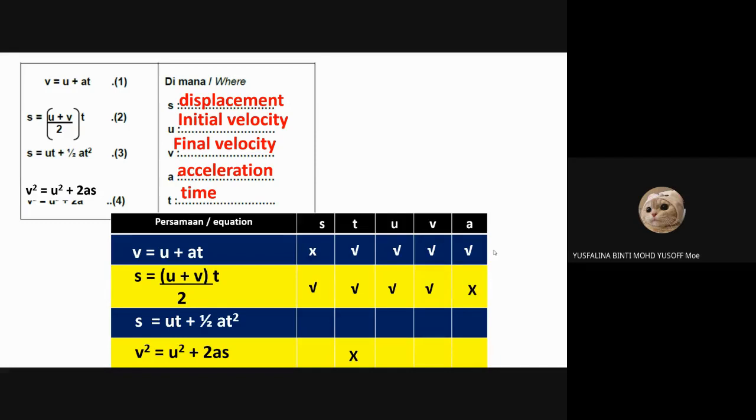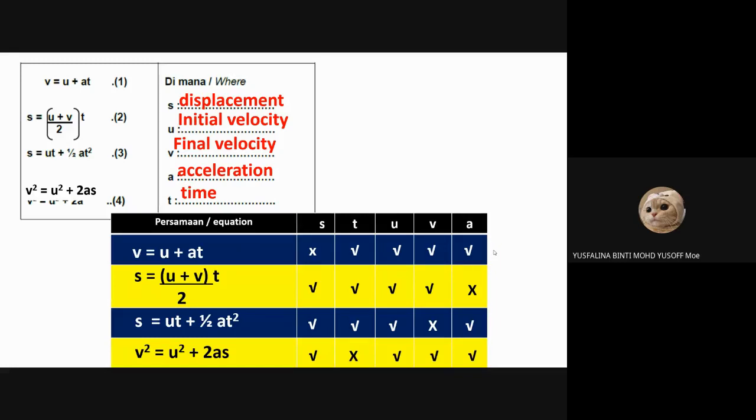For the next part, if you have S, U, T and A, you can use the third equation. And the last one, you must have V, U, A and S.